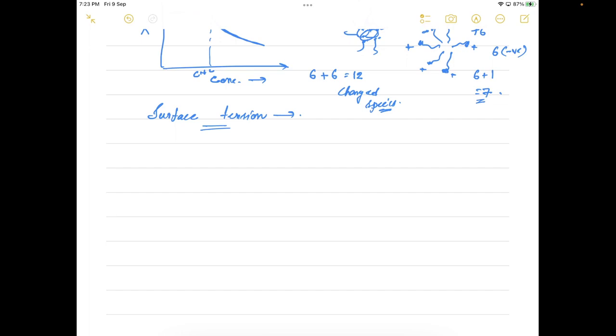Why? This surface tension is generated due to the difference in intermolecular interaction.